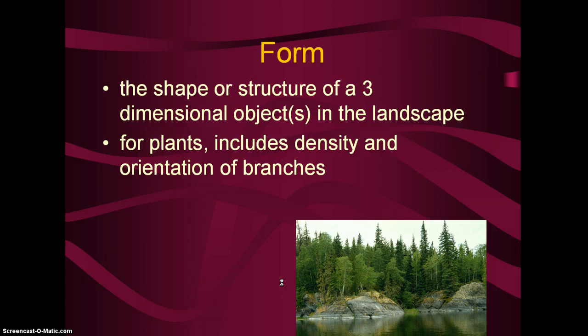Usually when we think of form when it comes to horticulture or landscaping a yard, we think of it more in terms of our own individual plants. So when we talk about form of plants, we include density and orientation of branches.